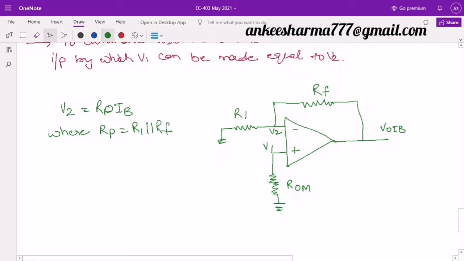Now we want this voltage V1 to be equal to that. We have assumed that these two currents IB2 and IB1 are the same. This is IB2, this is IB1 for example. So we have already assumed these to be equal. So can we say from this diagram that V1 must be equal to ROM into IB, because this is the current IB that is flowing in this branch and it is multiplying with this resistor ROM.